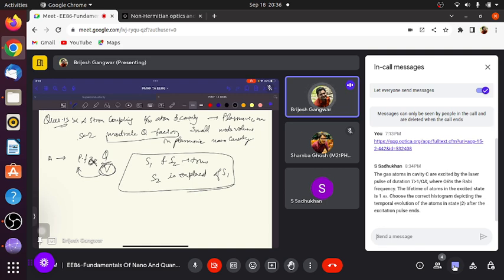The lifetime of the atom in the excited state is 1 nanosecond. And what is omega r? This capital omega is the Rabi frequency. So Rabi frequency will be 10 to the power 9 per second. So choose the correct histogram depicting the temporal evolution of the atom.